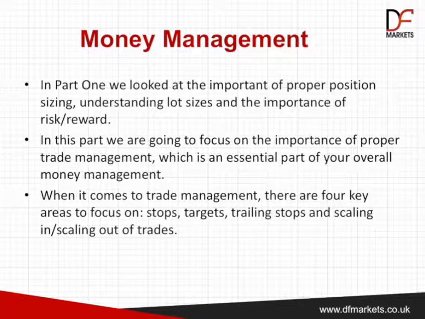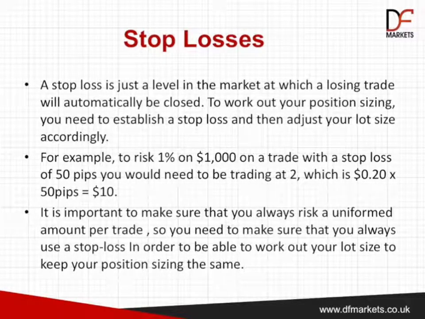As we mentioned in the first section, it's incredibly important to ensure that your position sizing is correct, to make sure that you don't overly expose yourself and risk sabotaging your performance. However, to correctly gauge your position size, along with understanding lot sizes, you need to have a stop loss. Stop losses. A stop loss is just a level in the market at which a losing trade will automatically be closed.